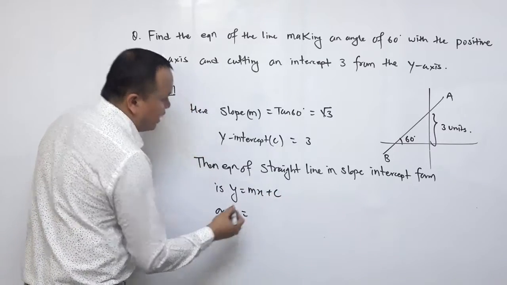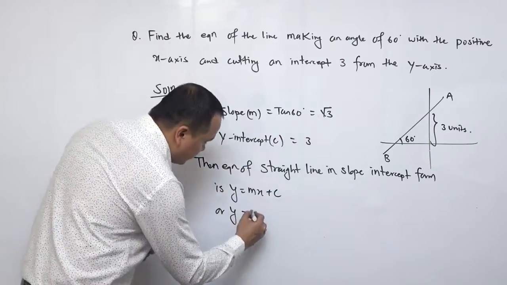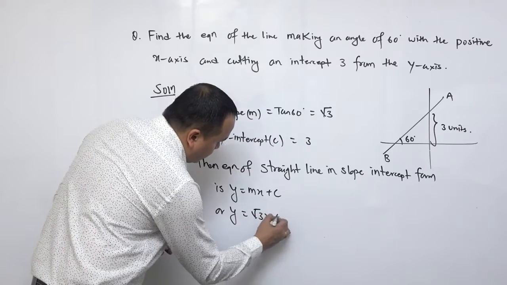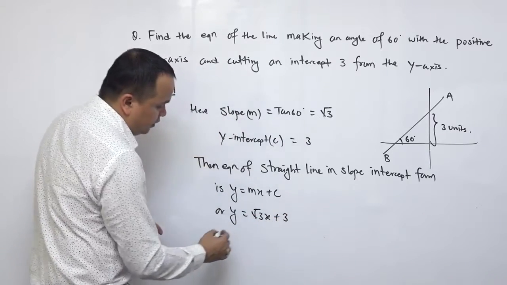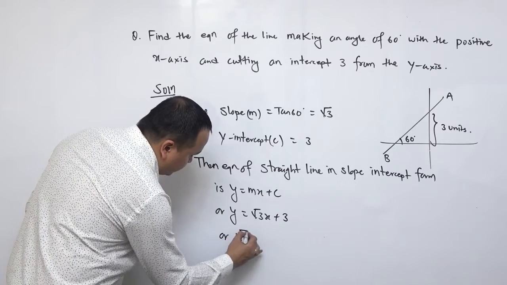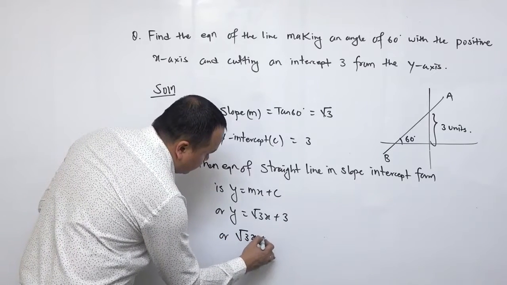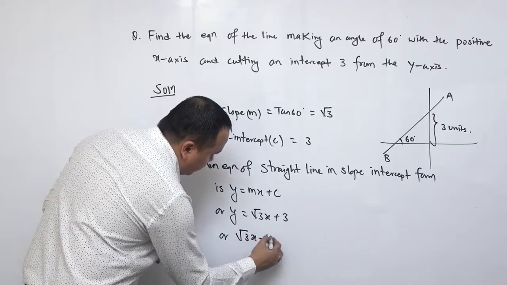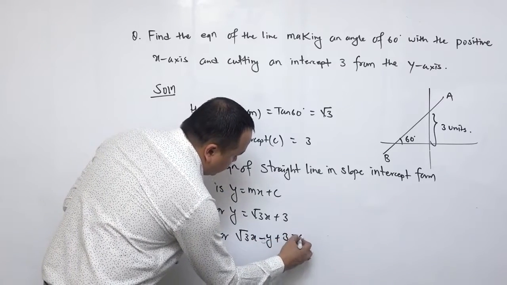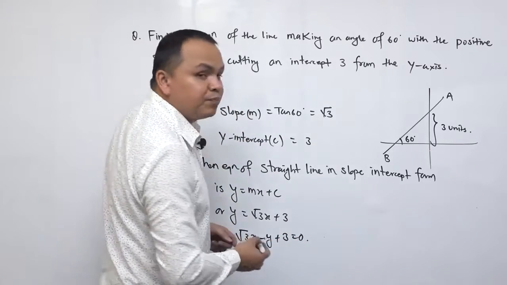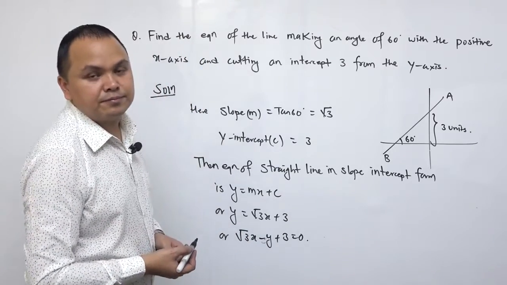We have m is √3 and c is 3, so y is equal to √3x plus 3, or √3x minus y plus 3 is equal to 0, which is the required equation.